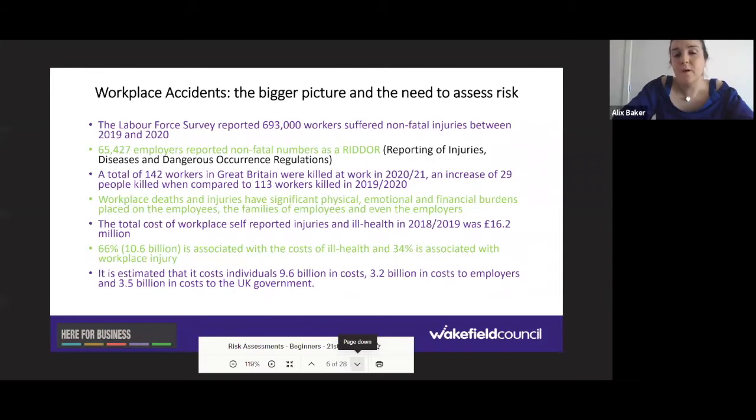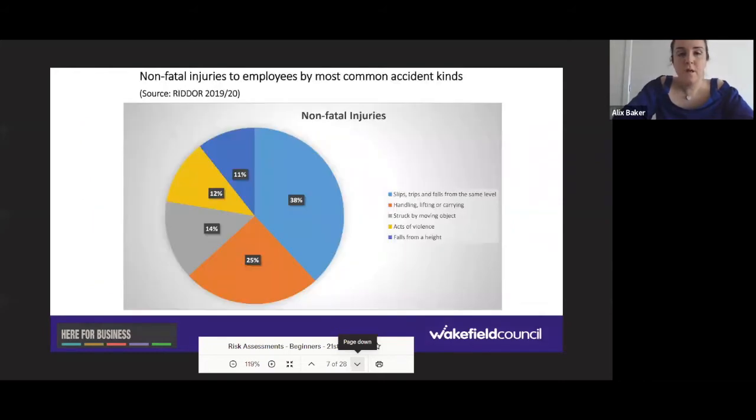If they're unable to work due to accidents and ill health as a result of accidents in the workplace, they're not then making money, and that has both physical and mental consequences to that individual. So non-fatal injuries to employees by most common accident kinds.